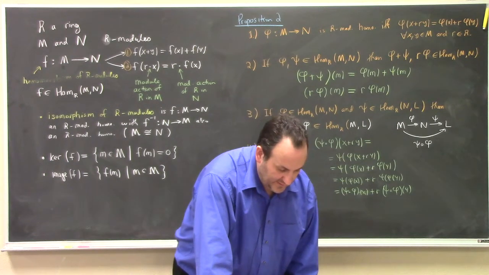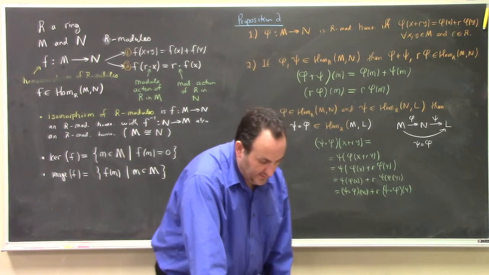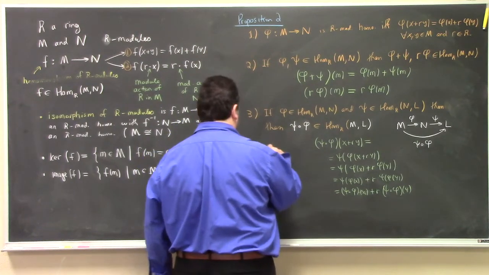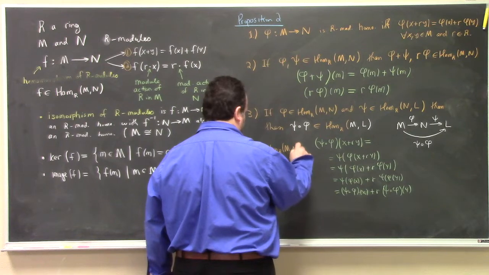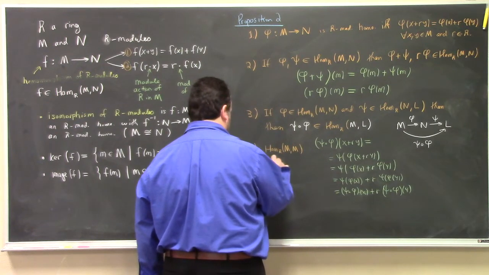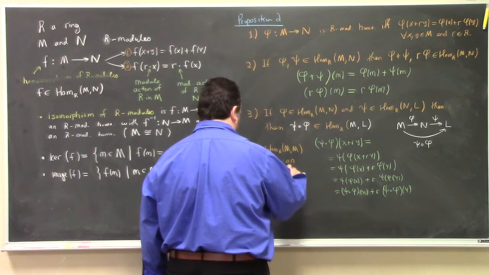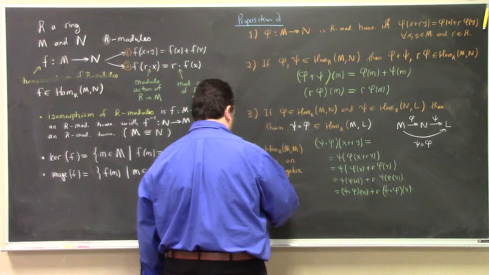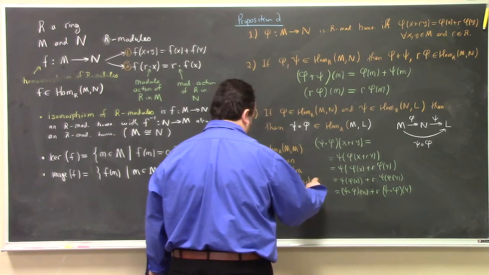And then finally, with addition and multiplication defined above for composition, you can look at Hom_R(M, M), which forms an R algebra under composition of maps.